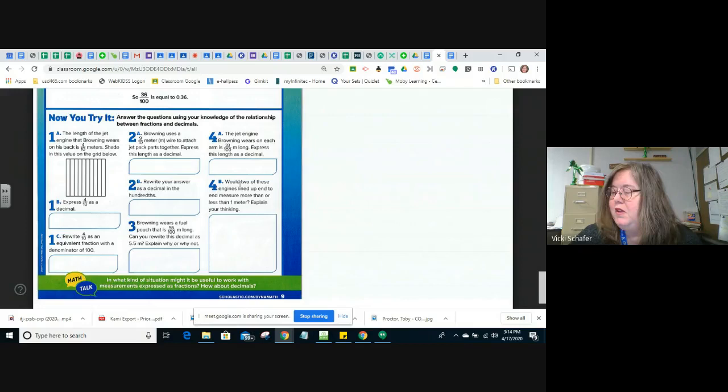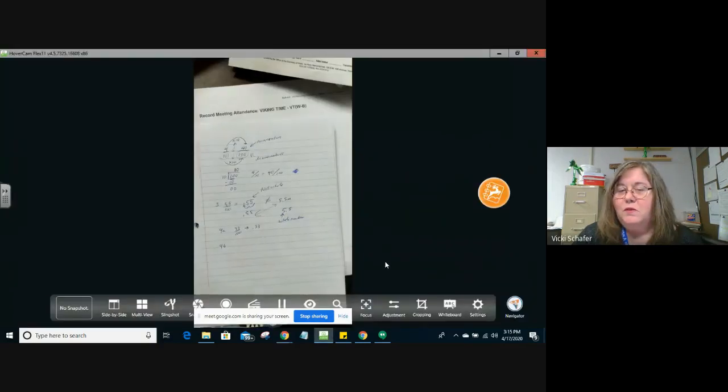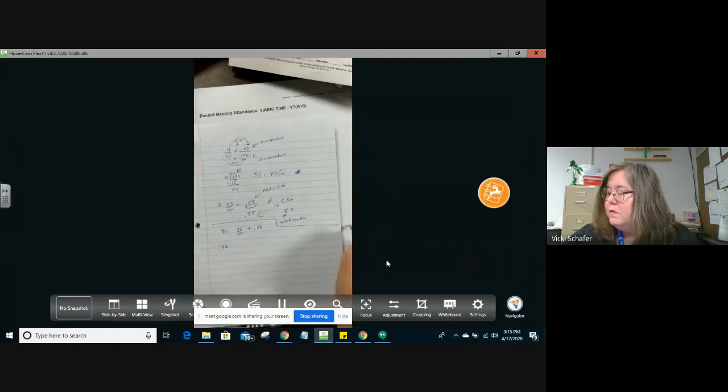For 4B, they want to know if 2 engines are lined up end to end, is that going to measure more or less than 1 meter? First, we have to know that we were dealing with meters all along. So here, in question 4A, where we have our 33/100 written as 0.33, that is meters.